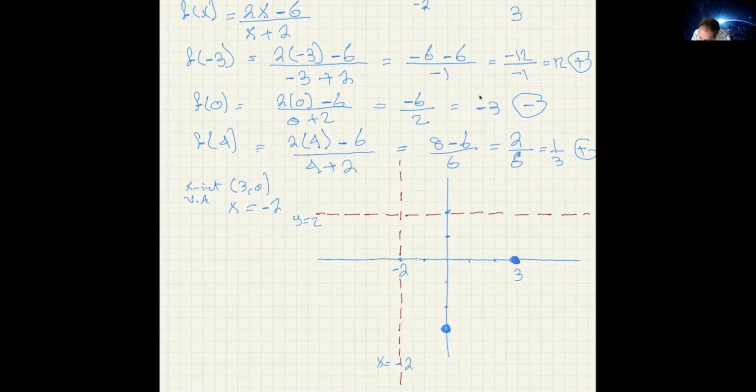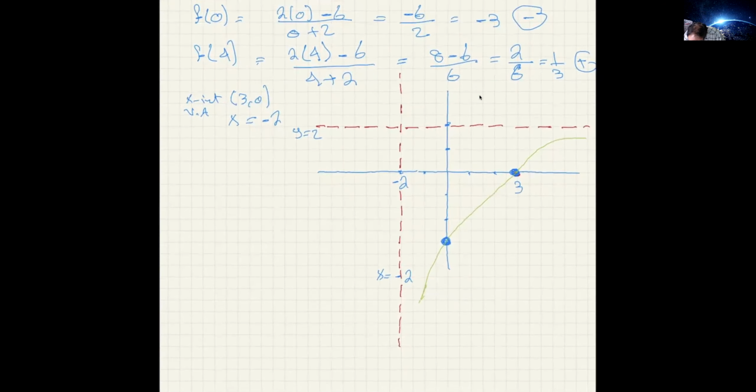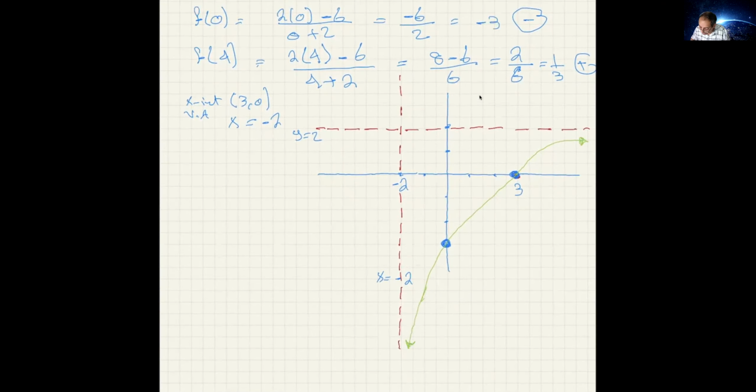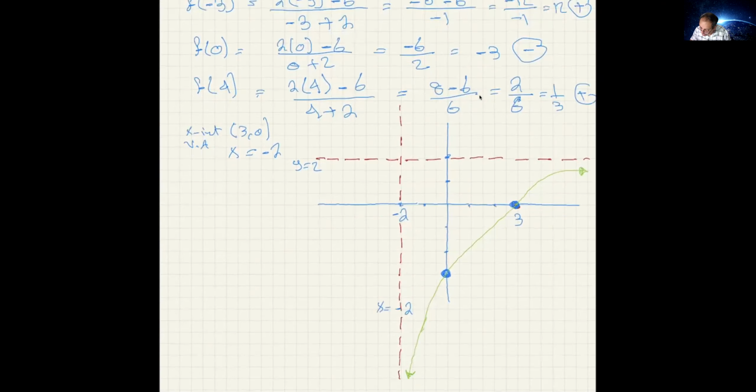So let's see that. Here, I graph it in green. So I graph it from here, and then it passes through that way, maybe a little more. So this is the first part of the function.